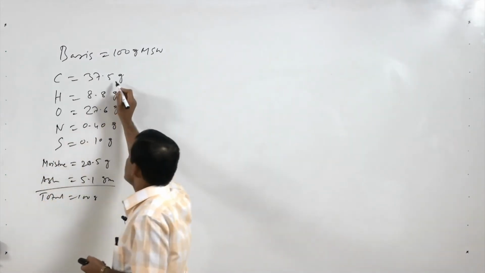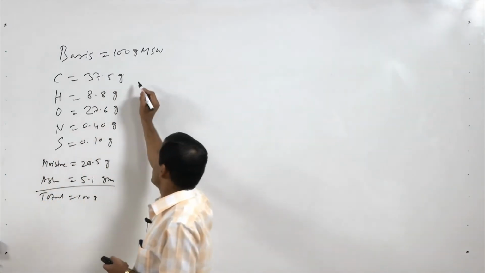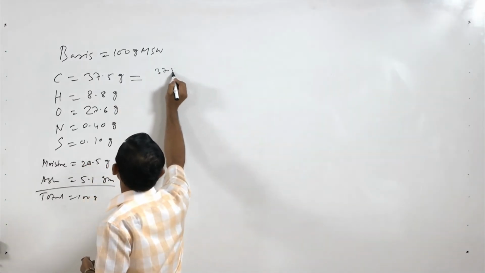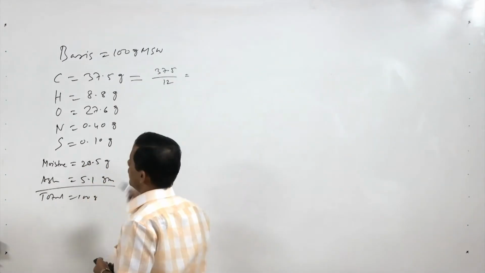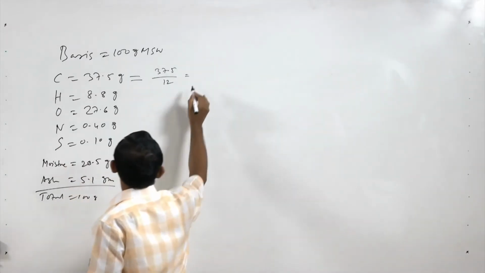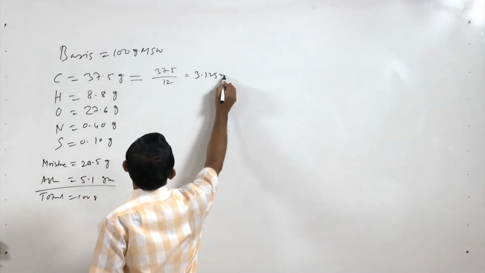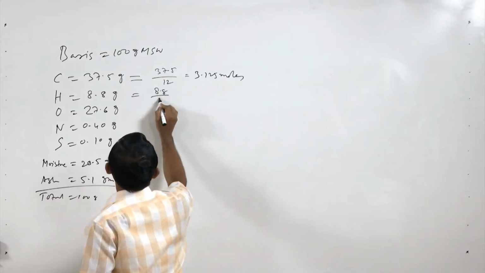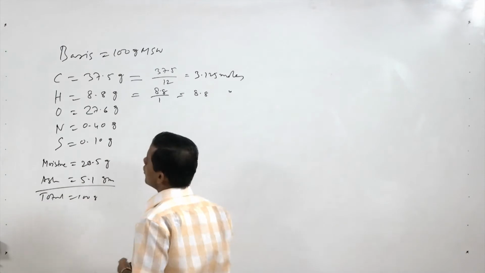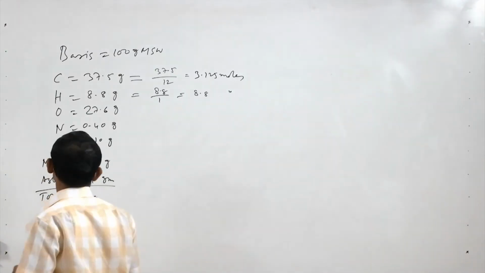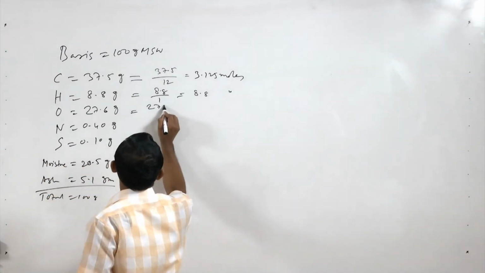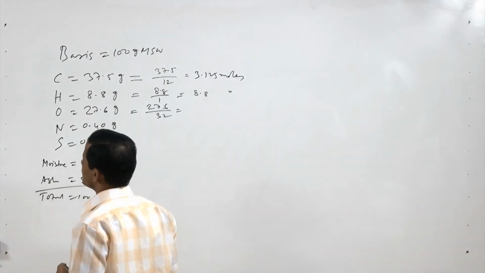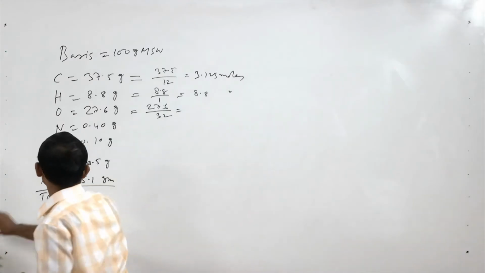Now, this 37.5 gram we can convert into moles. So, that will be 37.5 divided by 12, that is equal to 3.125 moles, and hydrogen will be 8.8 divided by 1, 8.8 moles, and then oxygen 27.6 divided by 16, sorry, this will be 16, not 32.